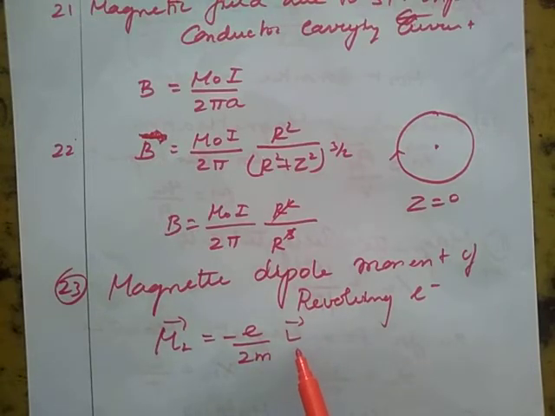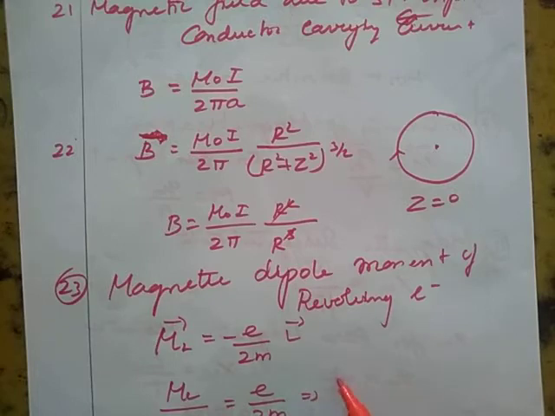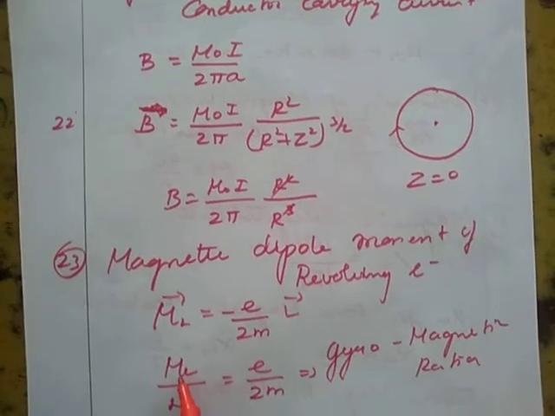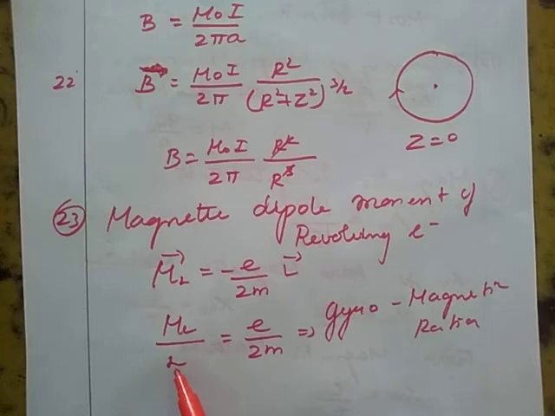Here L vector is the angular momentum. This shows a relation, that is mu L by L, known as e by 2m. It is the gyromagnetic ratio. Here the direction of the dipole moment is opposite to the angular momentum.